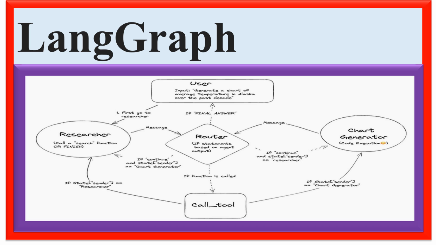Basically, LangGraph is a library within the LangChain ecosystem designed to help developers easily create stateful multi-actor applications using large language models. It simplifies the development process by allowing users to define, coordinate, and execute multiple LLM agents in a structured manner.